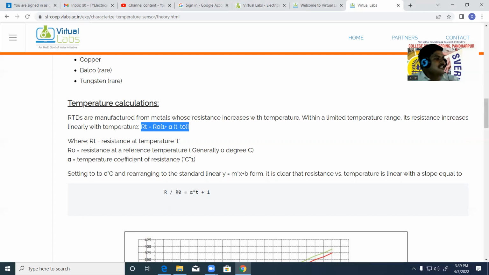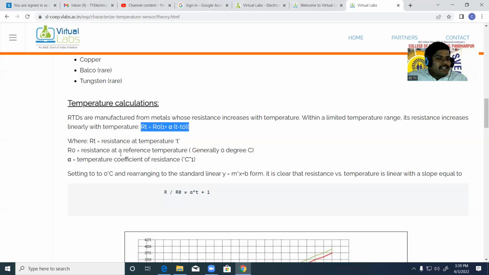Delta T is the change in temperature, from the initial temperature to the final temperature, that means T minus T0. T0 is the initial temperature, and T is the highest temperature at which we want to calculate the resistance.